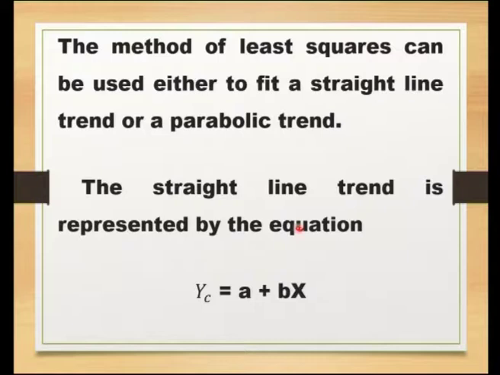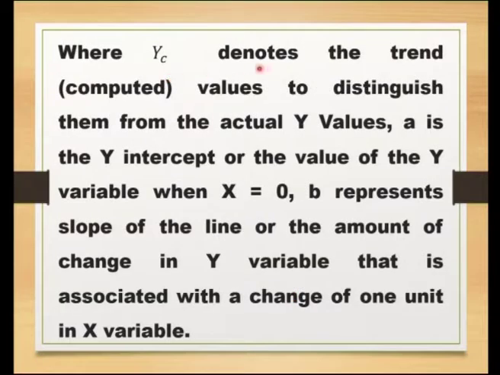The straight line trend is represented by the equation, first of all, for computing the y values: Yc is equal to a plus bx, where we have to find this a value and b value by the following formula, where yc denotes the trend computed values to distinguish them from the actual y values. A is the y intercept, or the value of the y variable when x is equal to 0.